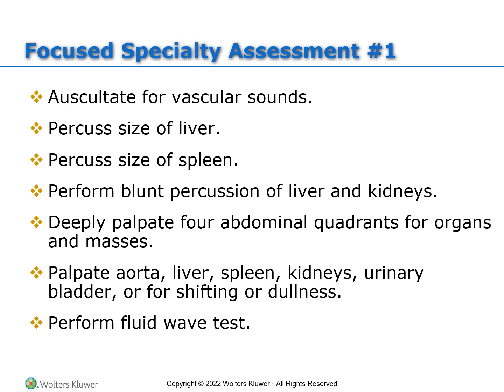You shouldn't be able to percuss the bladder unless it's distended above the symphysis pubis. Use percussion to check for dullness and determine how high the bladder rises above the symphysis pubis. To percuss the liver, begin at the right mid-clavicular line over an area of tympany, moving to an area of dullness.